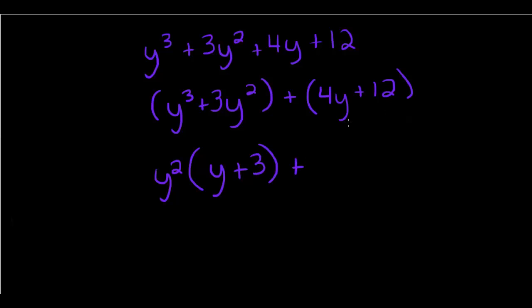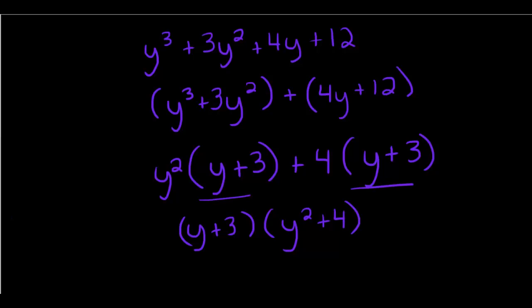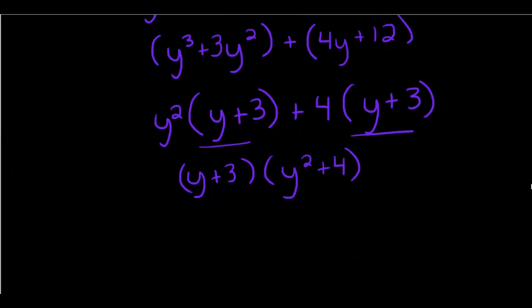And then the greatest common factor here, you should have gotten a 4. Inside of the parentheses, you should have y plus 3. You see this is the common factor amongst these two terms, so it's going to be y plus 3, and then y squared plus 4.